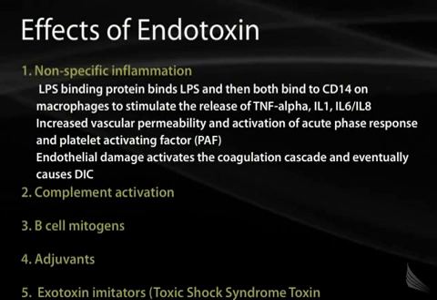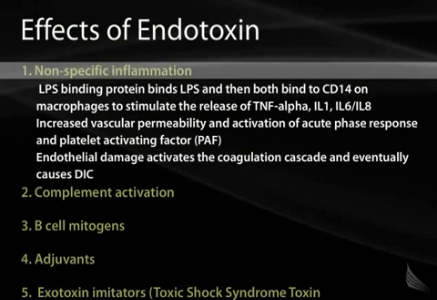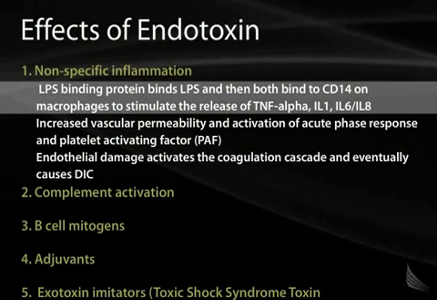Endotoxin does a specific set of cascades when it comes into contact with the body. It starts nonspecific inflammation. LPS binds protein and LPS, and they both bind to CD14 on macrophages, and this stimulates the release of three factors: TNF-alpha, IL-1, and then either IL-6 or IL-8.